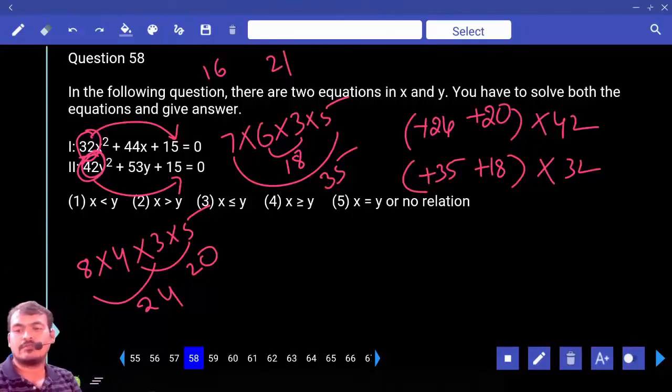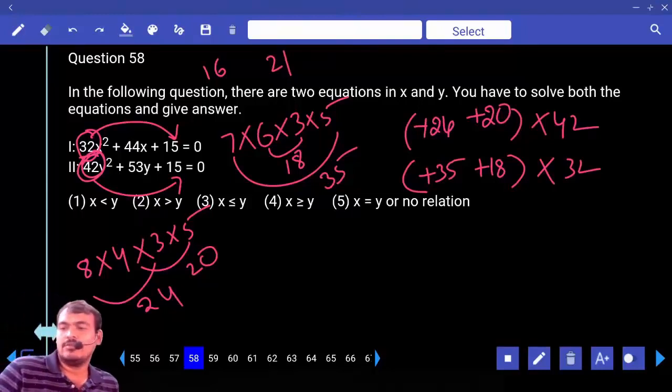Which one is the larger value? 42 into 24 means 40 into 20 is how much? 840. 40 into 4 is 168. Is it more than 1000 or less than 1000? More than 1000. 32 into 35: 960 plus 160, 1120 or not? Almost closer values, or not?